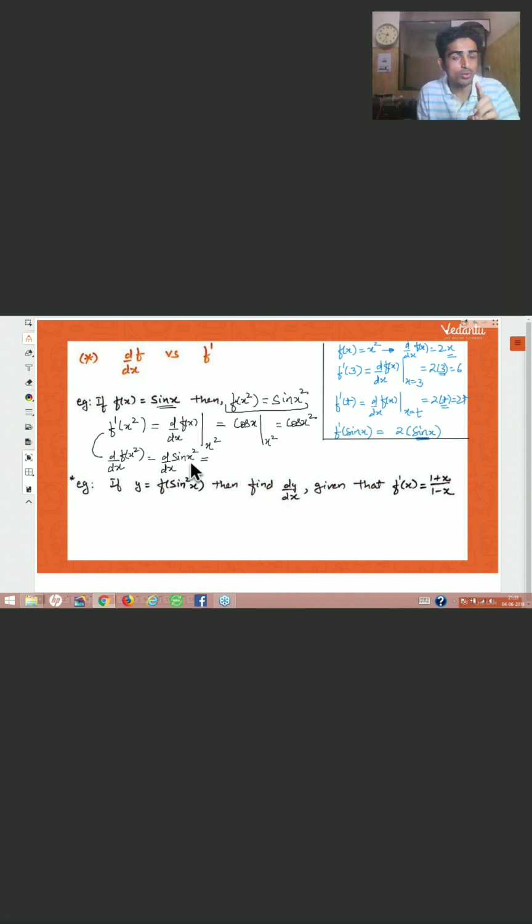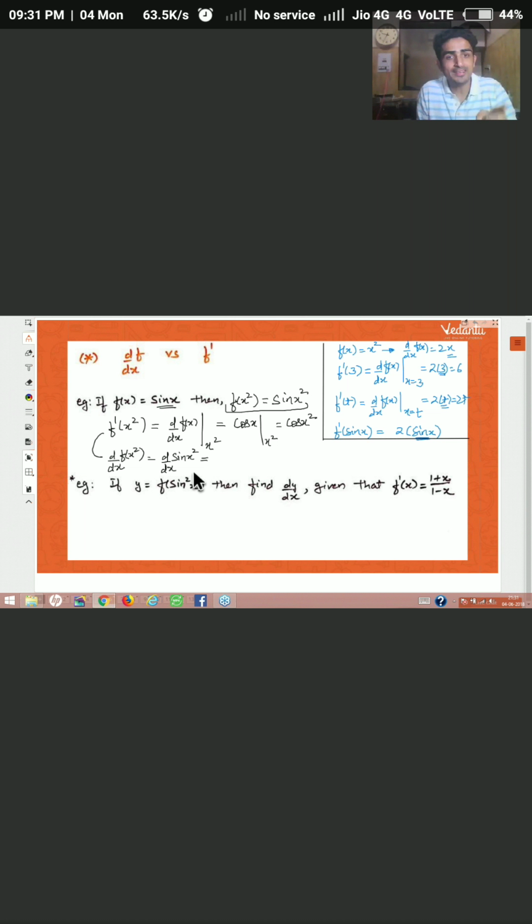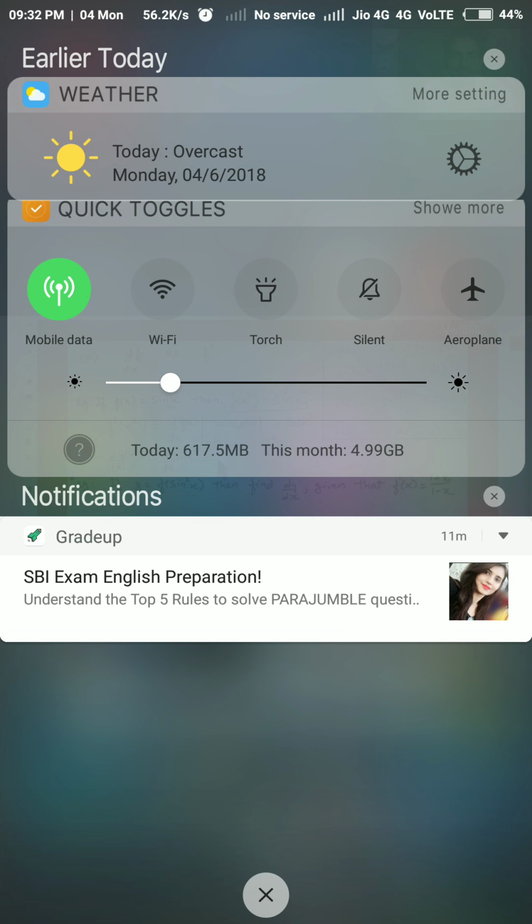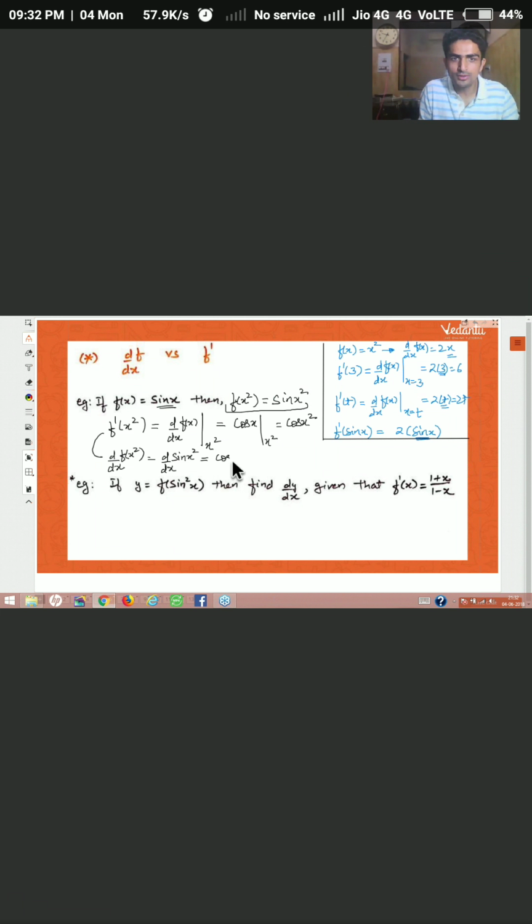Now guys, you know chain rule. It is sine of x square, function inside function. So first you differentiate sine, that is cos, keeping the inside term as such. Multiply by the derivative of the inside term. Now what is the derivative of x square? It is 2x. Certainly they are not equal. And indeed they are not.